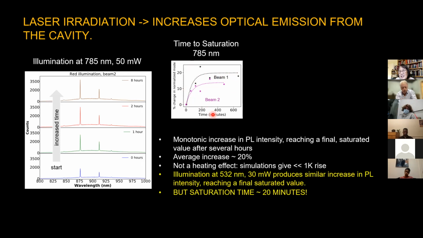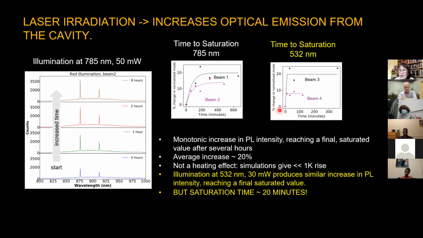We then did exactly the same experiment using a green laser, 532 nanometers, slightly lower power, 30 milliwatts. We saw, in some sense, the same behavior, an increase in the photon intensity. But we saw that it took only 20 minutes instead of 2 hours to reach that same limiting value.